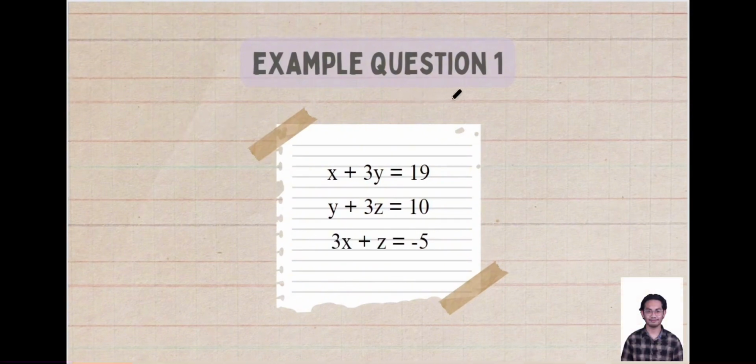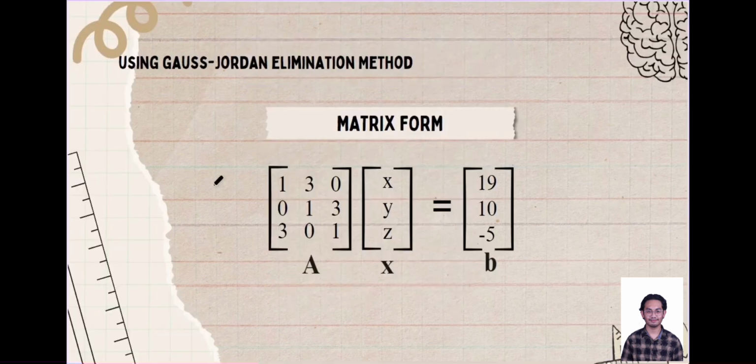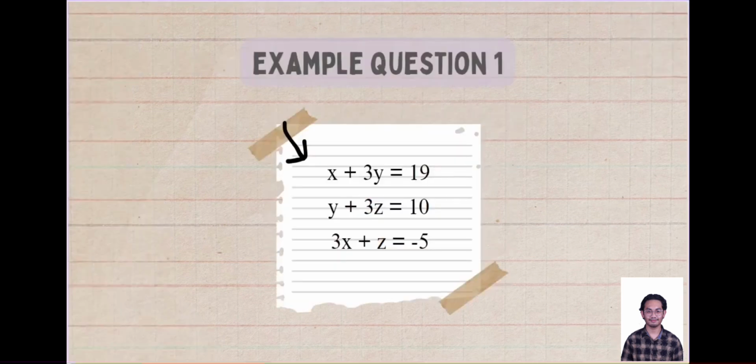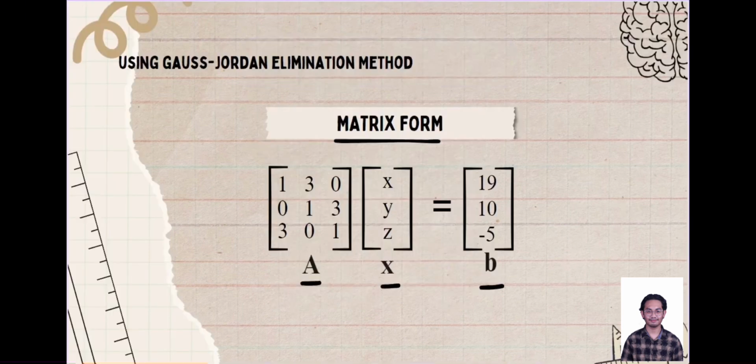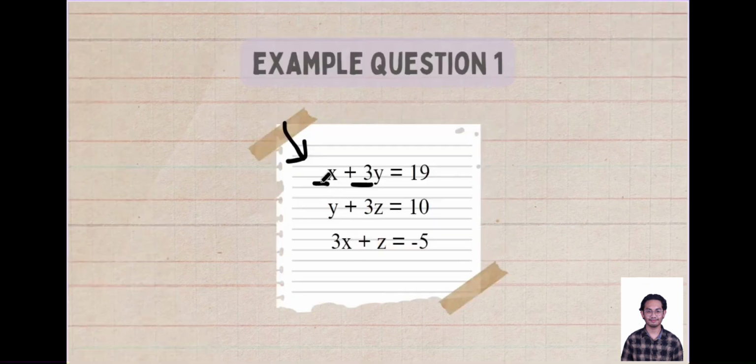Okay, now for example question 1, we are going to solve this equation using the Gauss-Jordan elimination method. Firstly, we have to change the simultaneous equation into matrix form, which has the A, X, and B matrices. A is the coefficients of the variables from each equation, 1, 3, and 0 for the z.